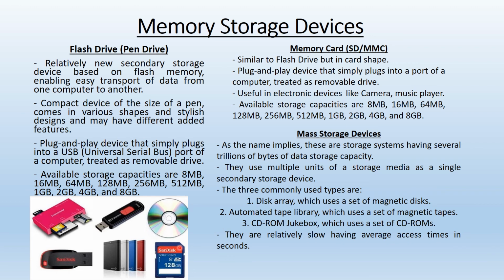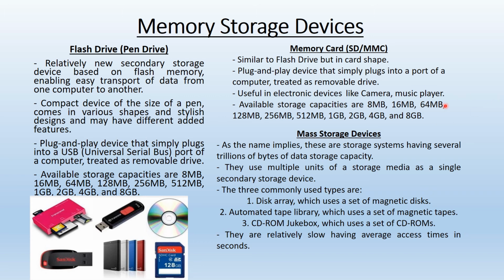This is known as the SDHC card. It can come with pre-installed storage, or you can use some of these adapters to use the small version, for example this one. And then we have the mass storage devices.